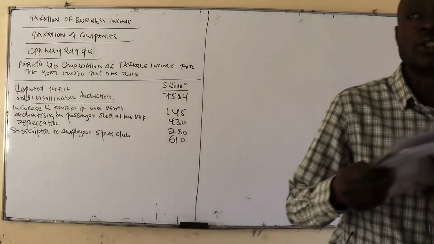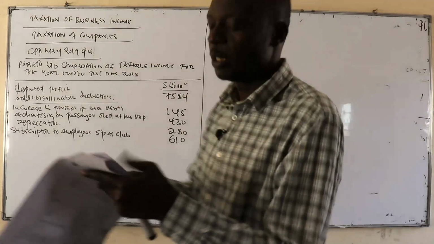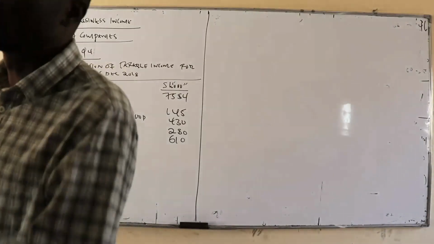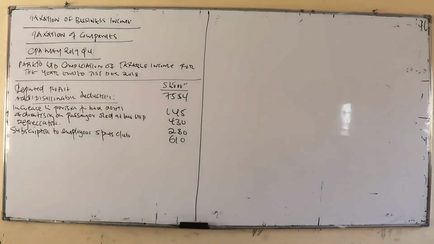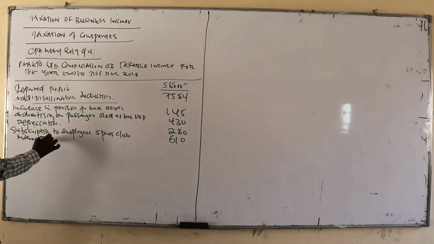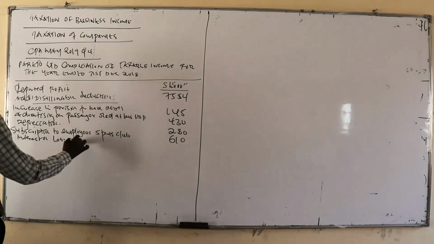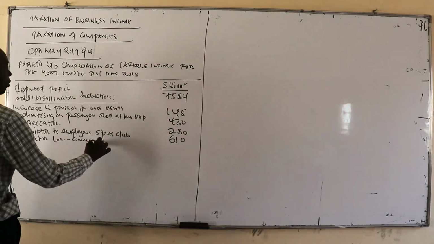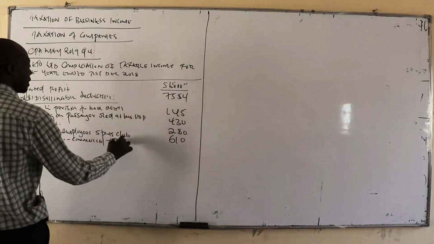And then we have interest. In note number 7, they're telling you interest comprises interest on debentures. A debenture is a loan to the company, so the interest thereon is allowable. Interest on a loan acquired to build commercial rental houses is not allowed.